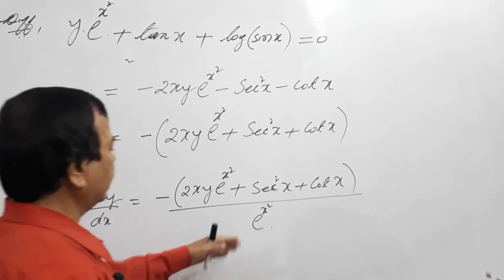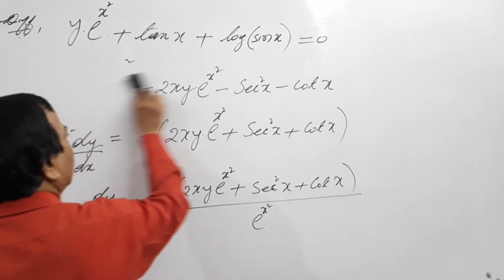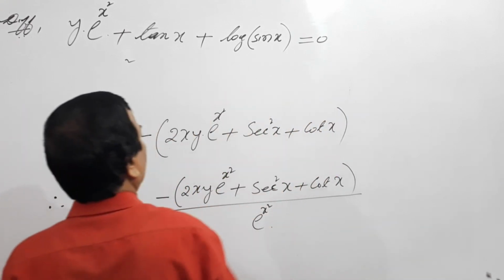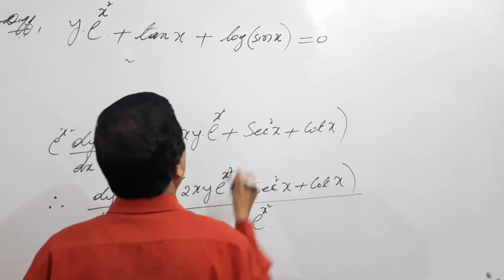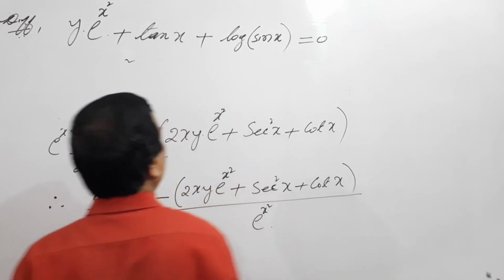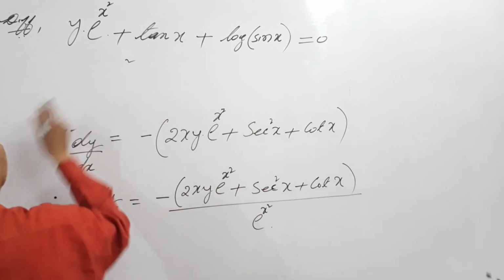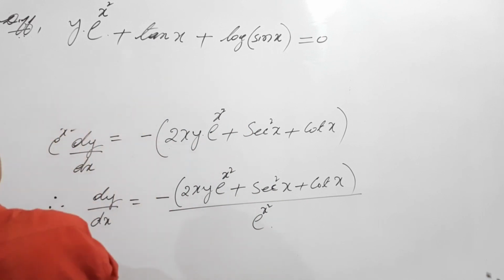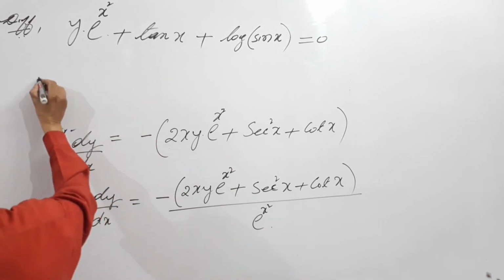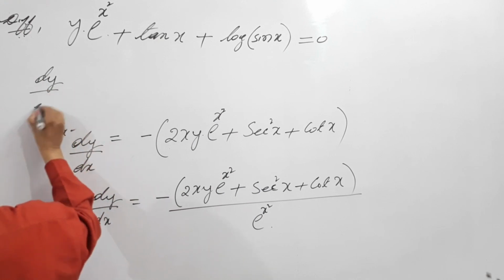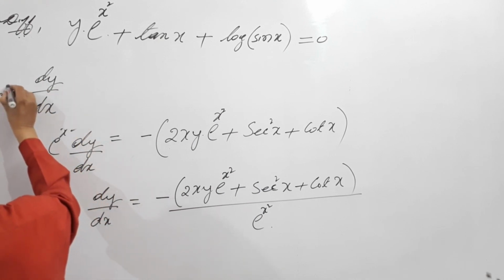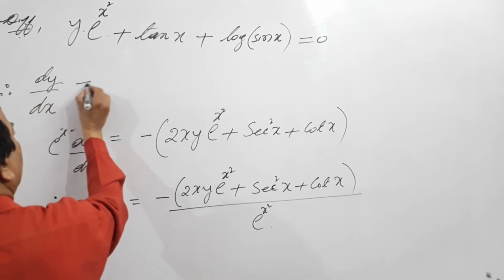So if you want to rearrange this, we'll do it. So let's rearrange once again. Not necessarily, you can leave as it is, but still dy by dx. Therefore, I'll write equals to what?